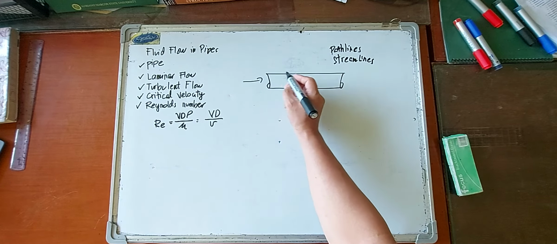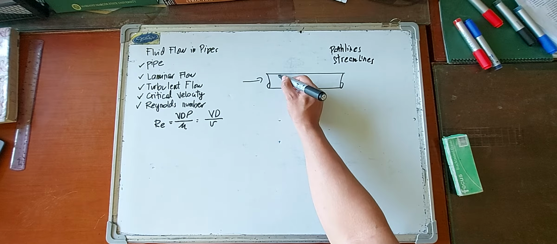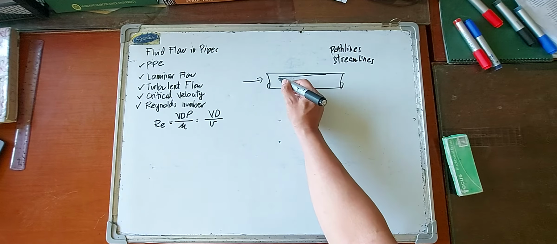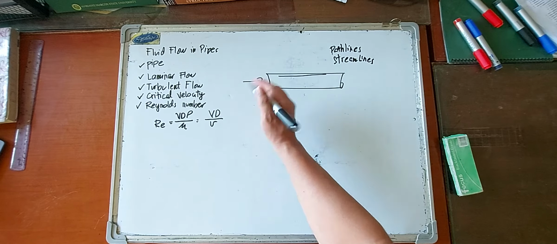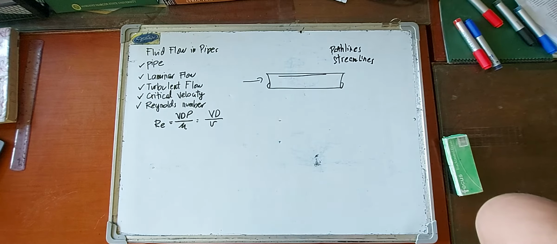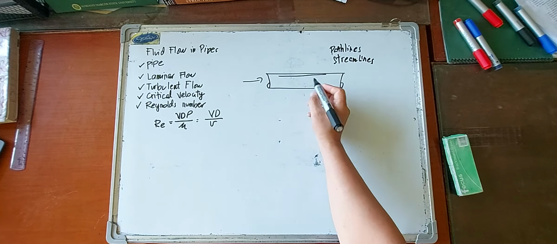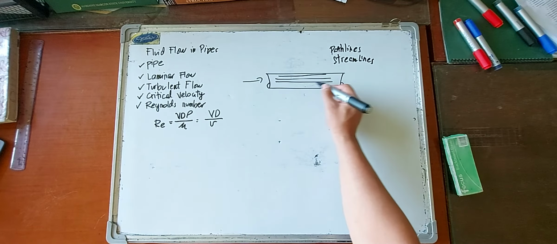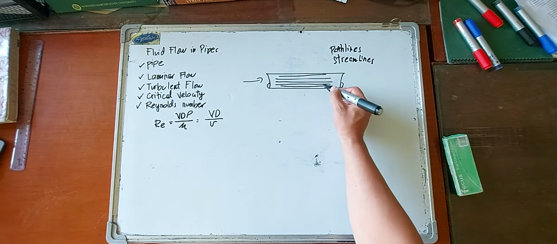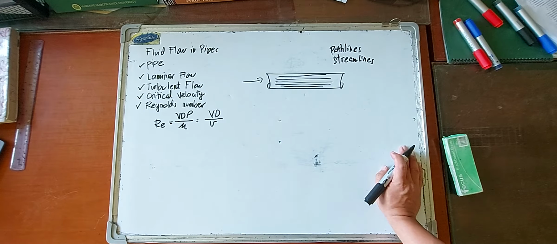So for example, meron tayong mga streamlines or path lines dito that is used to predict the path of individual particles, yung mga path lines natin. So this is not really visible, but we draw that to identify the path lines or streamlines.